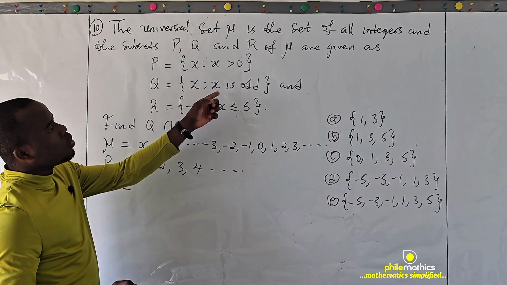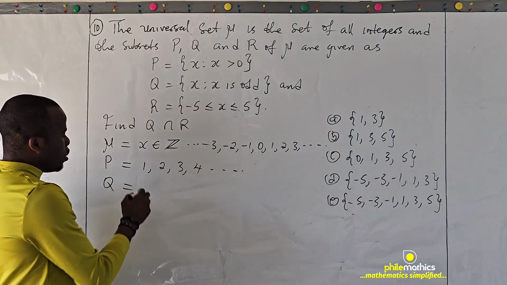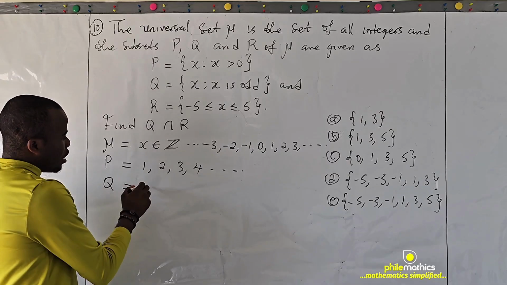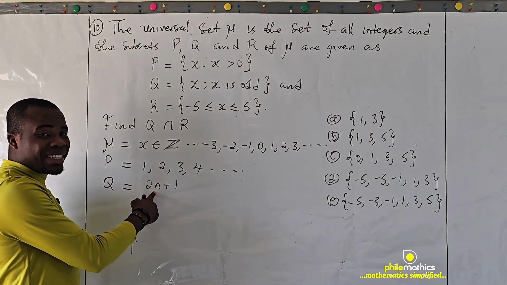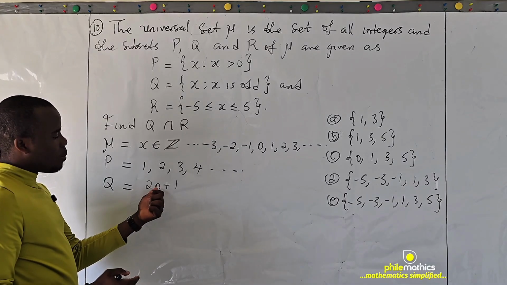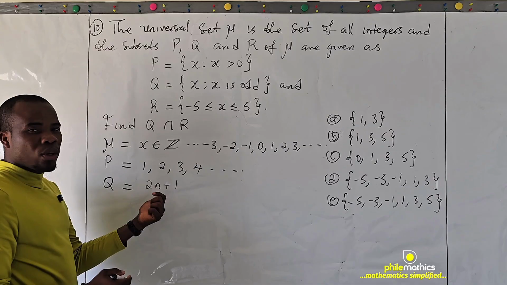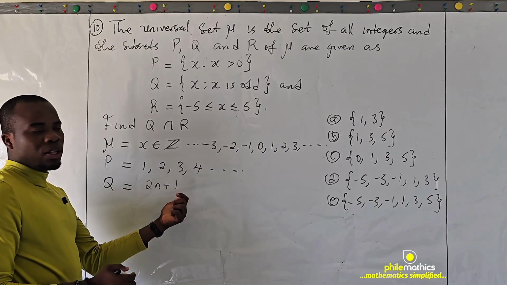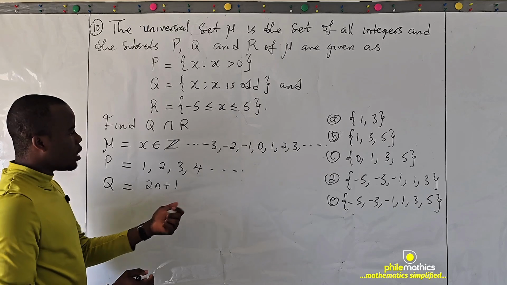Q are those x that are integers but are odd. Remember, odd numbers are defined as 2n plus 1, where n is an integer. So if n is, for instance, -1, 2 times -1 is -2 plus 1 is -1. If n is -2, -4 plus 1 is -3.